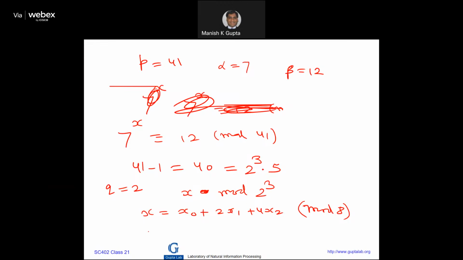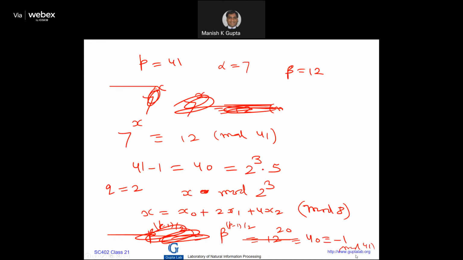To start, beta raised to power (p minus 1) by 2 is 12 raised to power 20, which is 40, nothing but minus 1 mod 41.